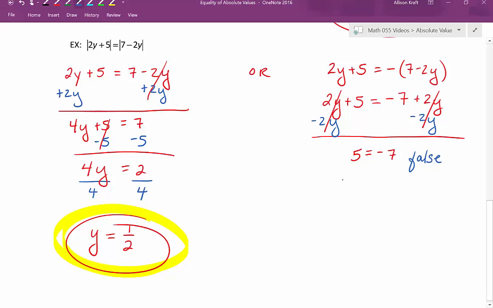We would simply say that this portion does not produce another solution. And for this equation, we get the single solution of y equals 1/2.